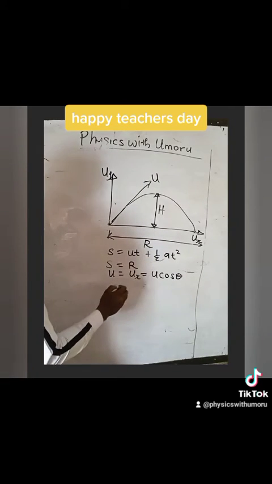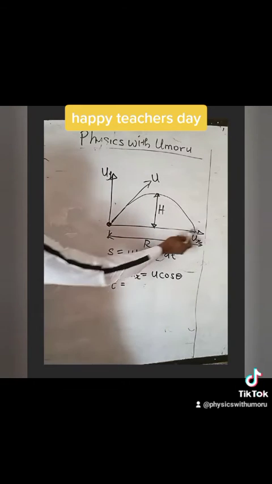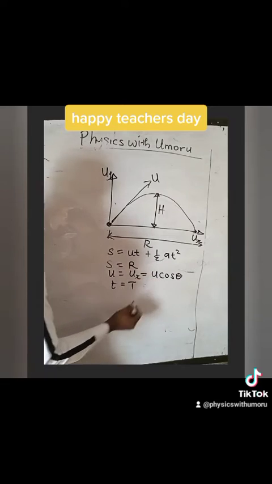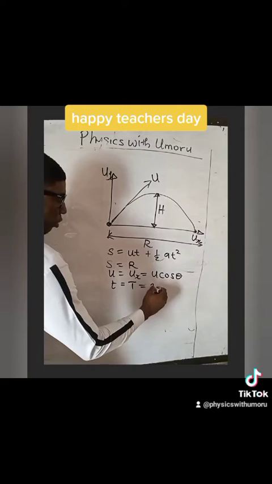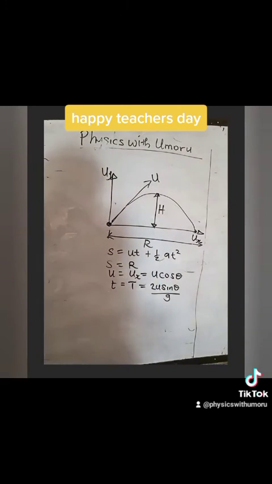Then t is the total time taken by the projectile to move from the starting position to this ending position, which is the time of flight, and the formula for the time of flight is 2u sine theta all over g.